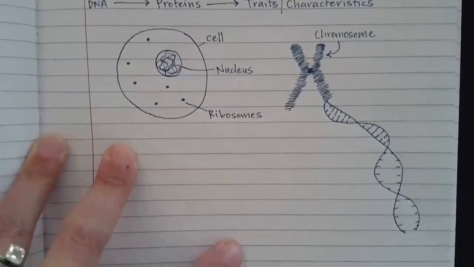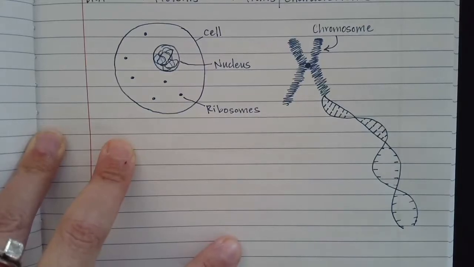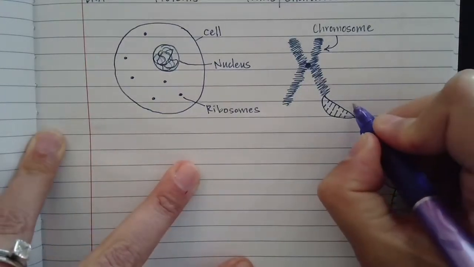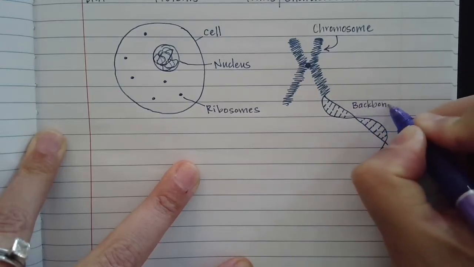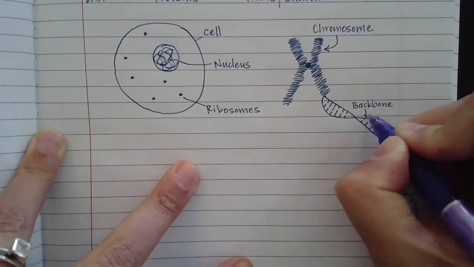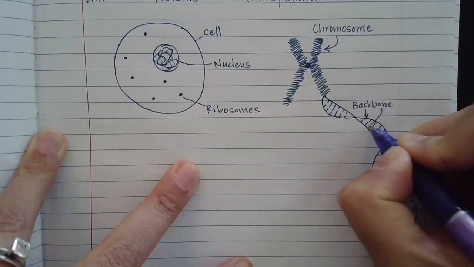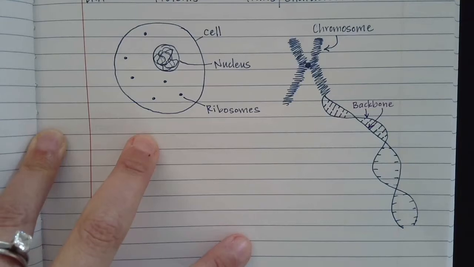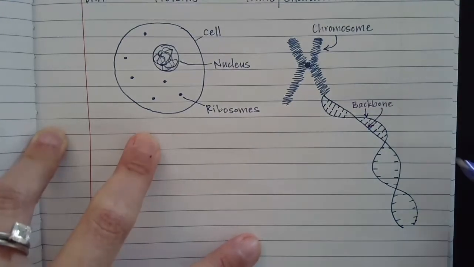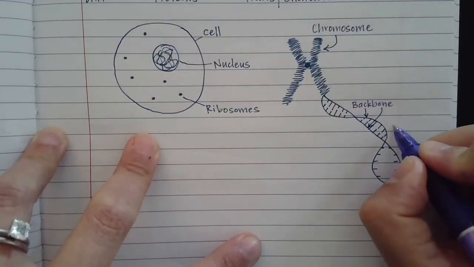So if I do some labeling here, we have the backbone. The backbone is the two different strands that form this twisted shape. And then on the inside, we have the bases.